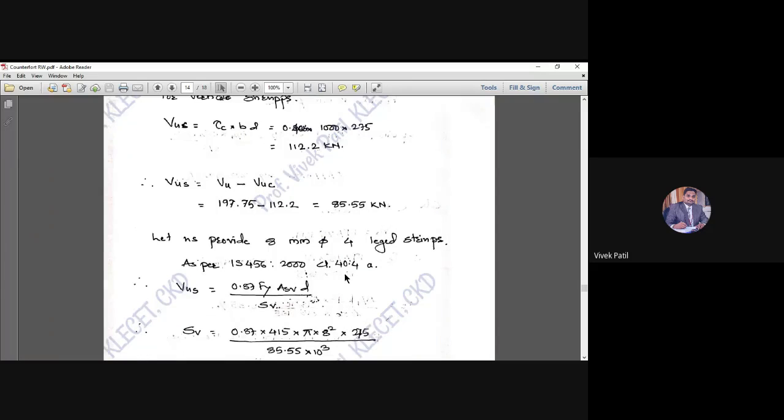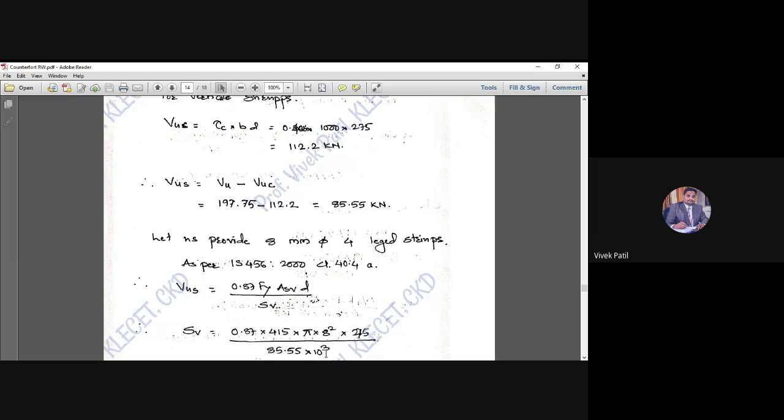So I will replace the values. Vus will be in the denominator and Sv will be on the other side. According to this formula, pi by 4 into 4 numbers will be there, so I have taken only pi. The effective depth of the heel is 275, and Vus is 85.55 into 10 raised to 3, as I have converted kilonewtons into newtons.